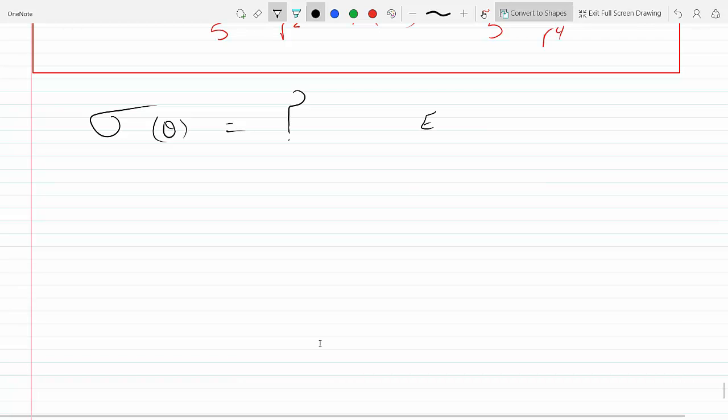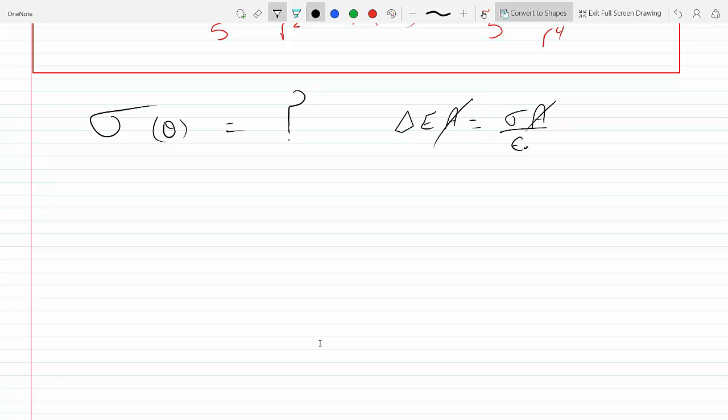And what's it equal to? Well, remember Gauss's law: E dA, or EA, equals sigma A over epsilon. So if you cross these out, you get the change in E, which is the gradient, equal to sigma over epsilon.